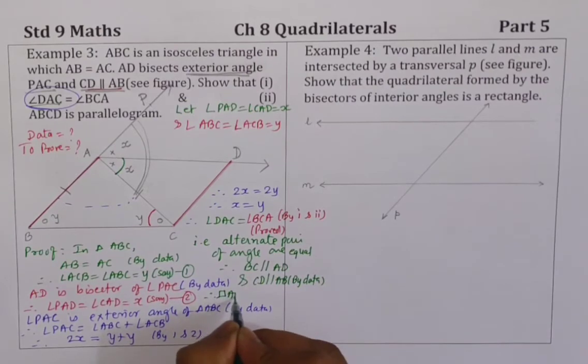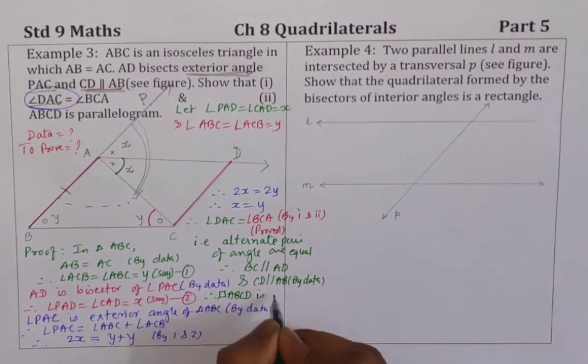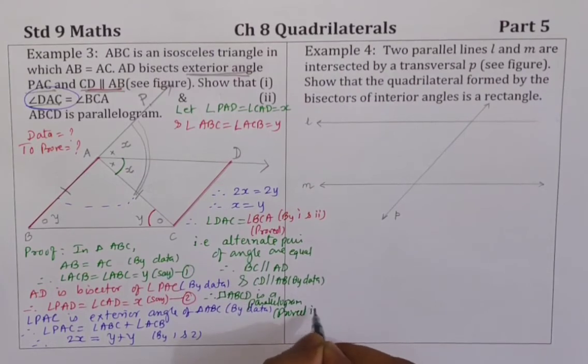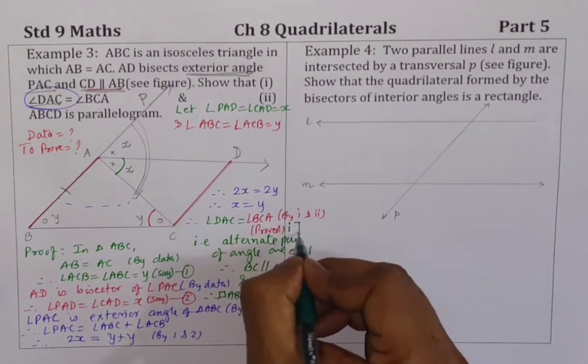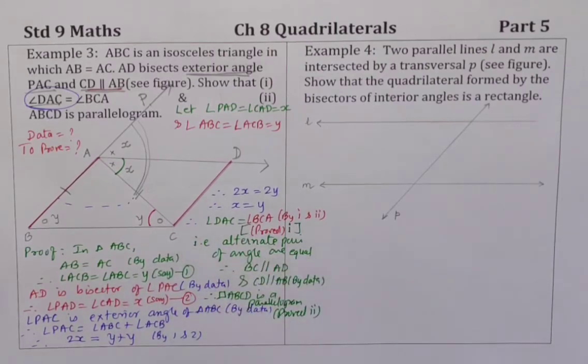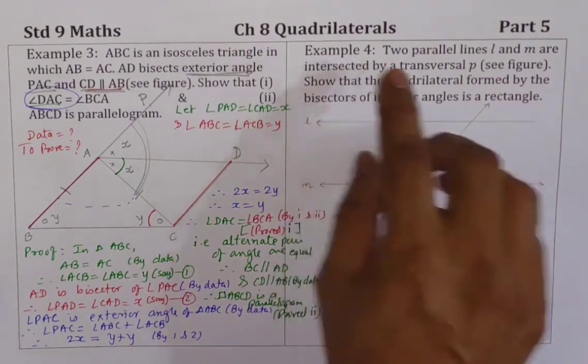Therefore quadrilateral ABCD is a parallelogram. Proved. This is proved 2, and here this is proved 1. Okay, there it is, children. It's done. So moving on to the next example, that is last for this session, and it's example 4.